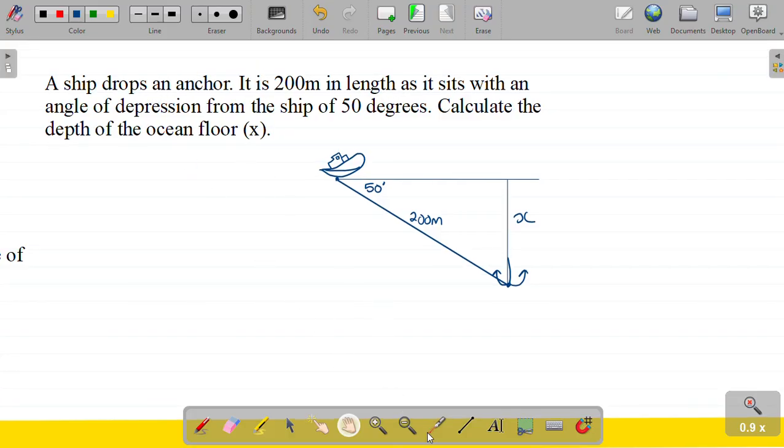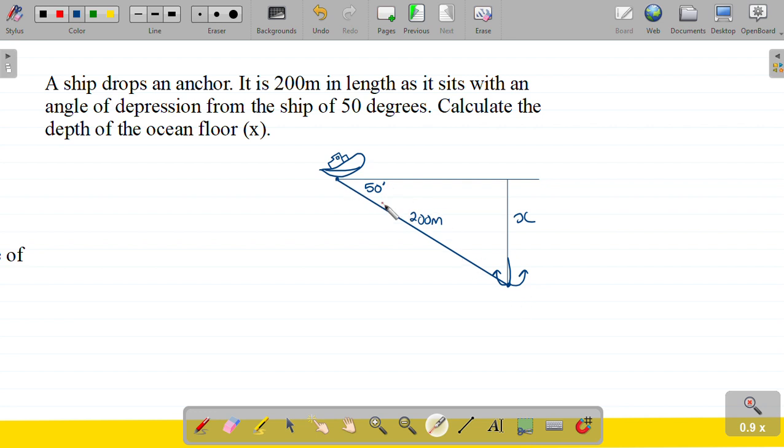A ship drops an anchor. It is 200 meters in length. So you can see that they gave us a diagram, which is nice. It is 200 meters in length as it sits with an angle of depression, this time from the ship, of 50 degrees. So the 200 meter anchor length, right? And then the angle of depression, from the sea level down to the line of sight, is going to be 50 degrees.